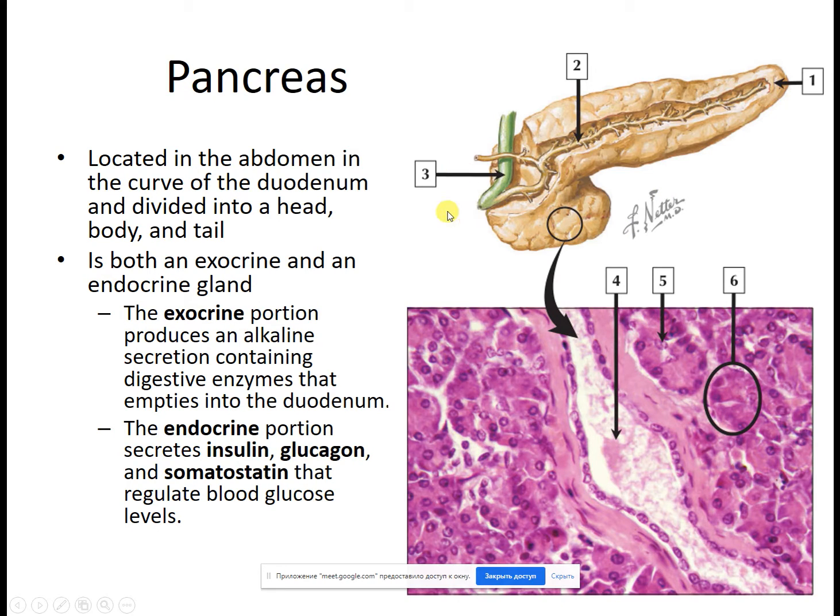But due to some changes, which you will see in a video I'll share soon, it happens due to rotation, and mainly this duct is used, which is common with the common bile duct. So this number 3 is the common bile duct, which transports bile from the liver and gallbladder. And you see it opens with the sphincter of Oddi in the duodenum.